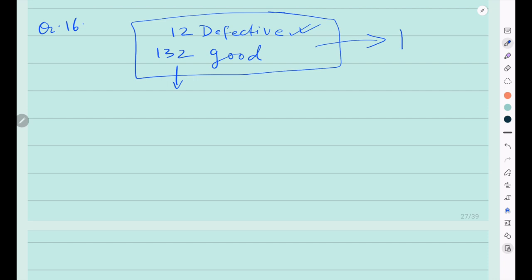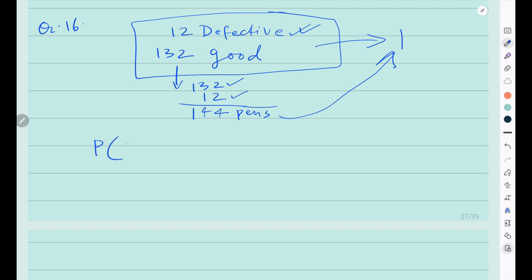Out of how many possible outcomes are we drawing one pen? There are 132 good and 12 defective, so the total number of pens is 144. This is all possible outcomes, and out of that we just take one pen.